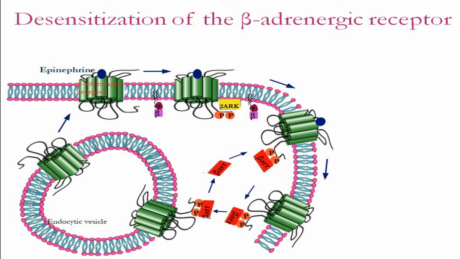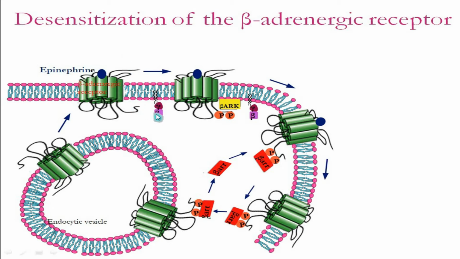After that, what happens? The epinephrine is already bound to this beta-adrenergic receptor. Here you can see epinephrine is bound to beta-adrenergic receptor, and here no alpha subunit. Where did it go? Alpha subunit binds to enzyme, and enzyme produces cyclic AMP.